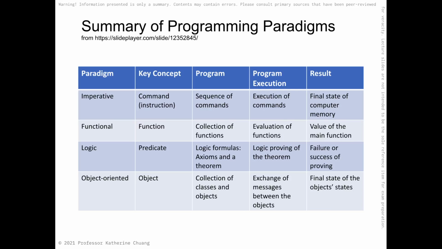You learned object-oriented programming in 1115 and 3130, 1115, 3115, and 3130, because those classes focus on Java. Java is definitely an object-oriented programming language. Functional and logical are a little different.